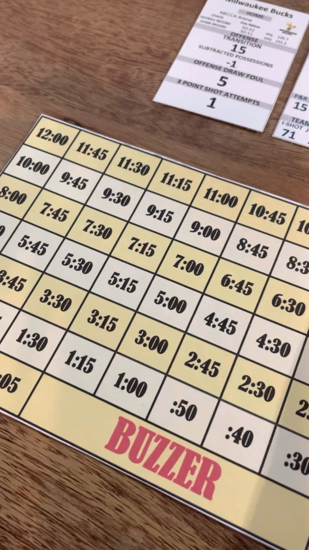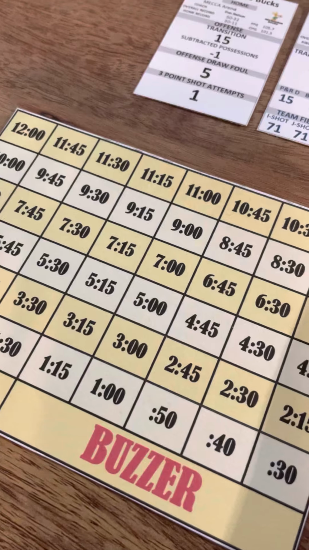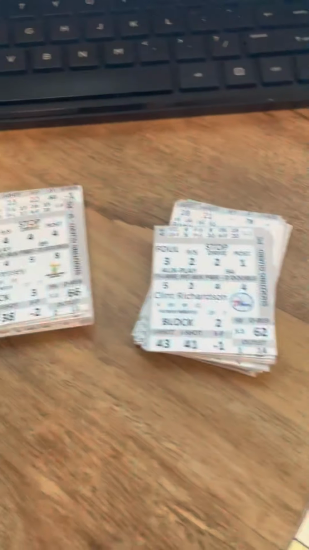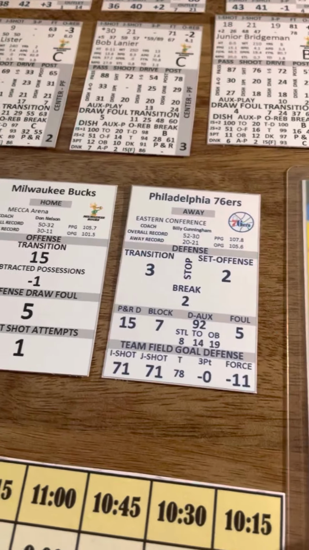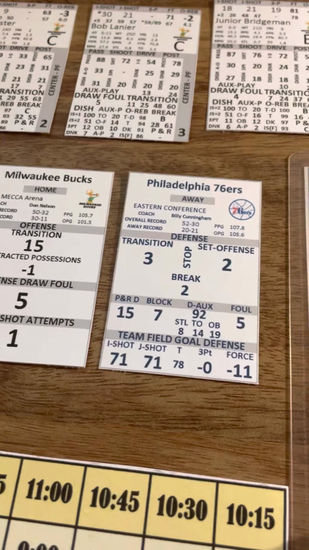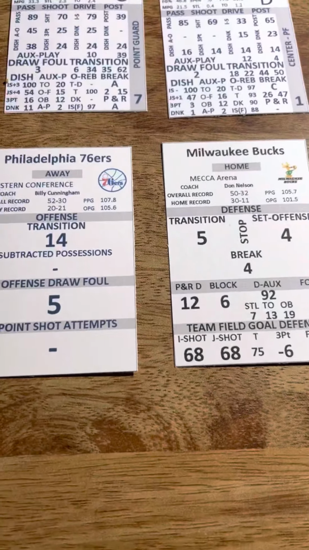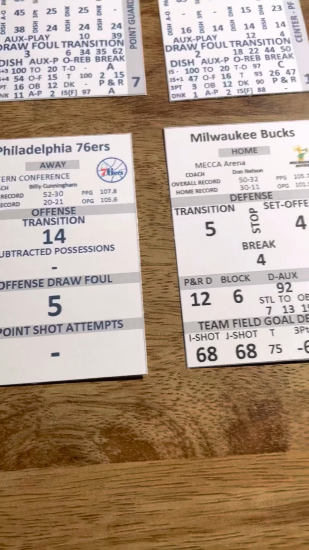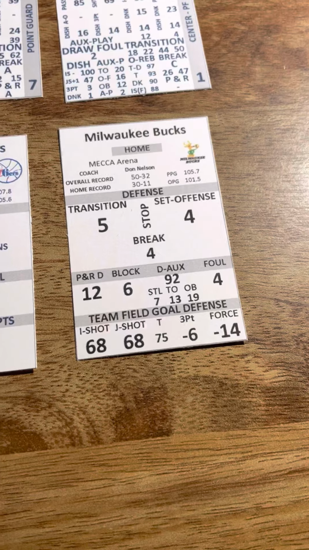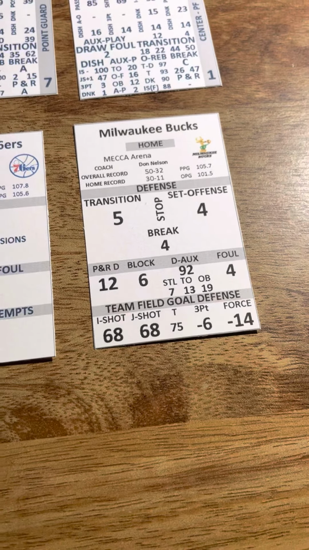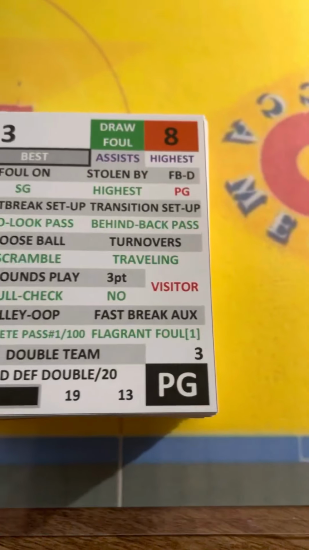Have my game clock. These are the reserves. Let's get these guys over here. These are the team cards with their transition ratings and the defensive ratings for Philadelphia, and then Philadelphia's offensive ratings, team ratings, and Milwaukee's home defensive ratings.